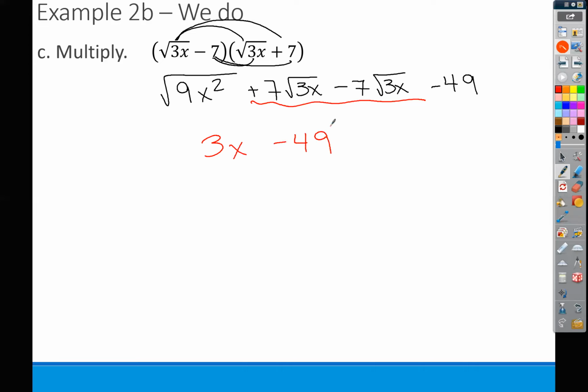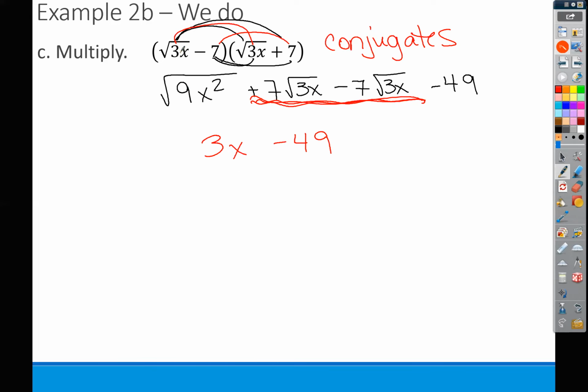And then here's what I want you to see. These are conjugates. So it's the same binomials with the middle sign being different. When this happens, the middle stuff right here will always cancel out. So you really only have to multiply the first and the last, and then everything else will cancel.